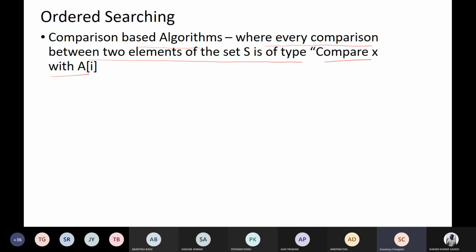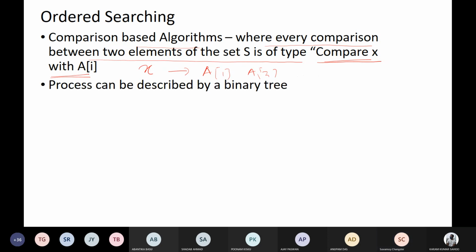The problem is to find whether X is present in the list or not. So what we do is compare X with A1, then A2, then A3 and so on, right? So each and every step follows compare X with A_i, where i varies from 1 to n or something like that. You can use any kind of indices.